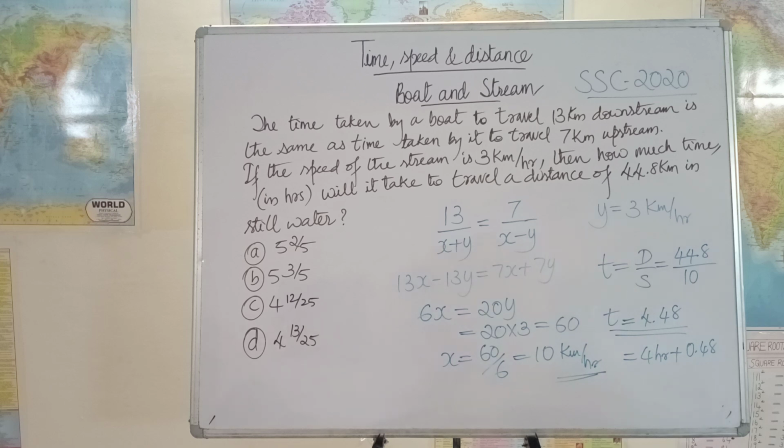Let me divide it by 60. 0.48 into 60, or it's 48 by 100.